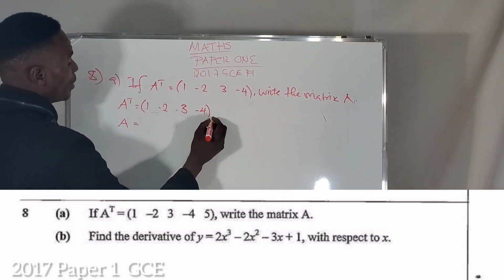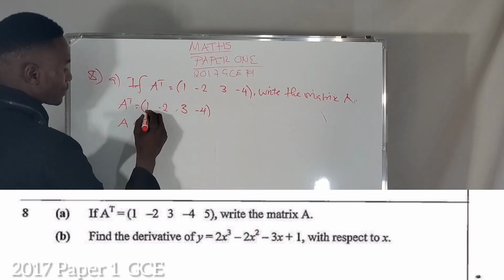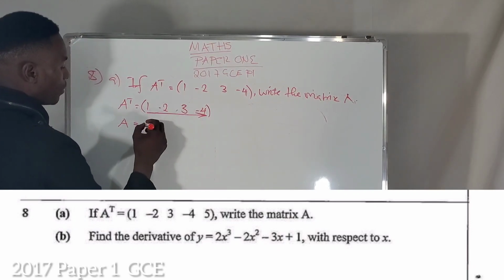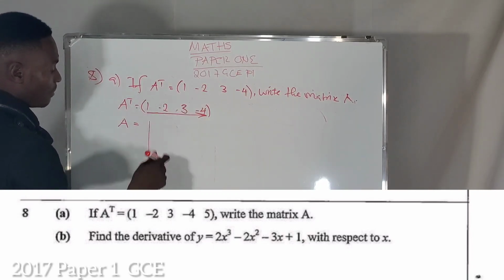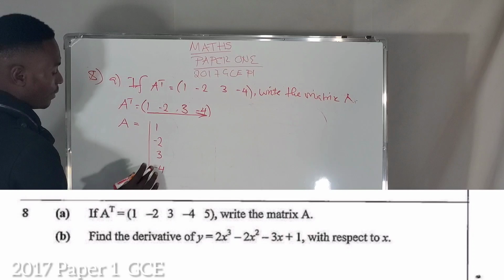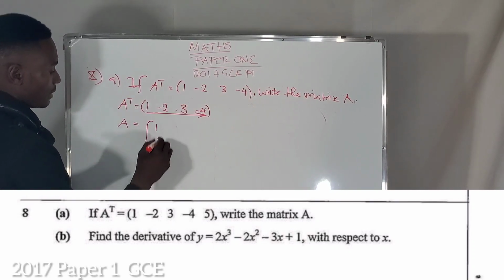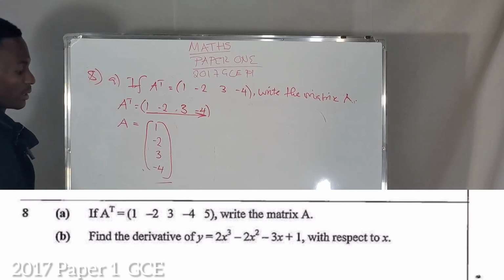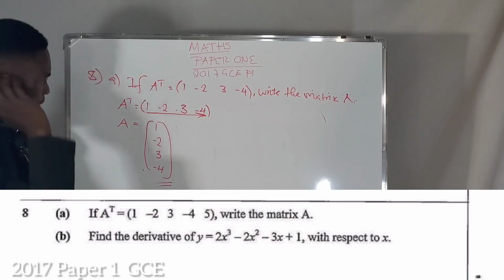So this first row becomes the first column, which will be 1, negative 2, 3, negative 4. And this is the answer. Okay, as simple as this. That is about question 8A, 1 mark. Question 8B.